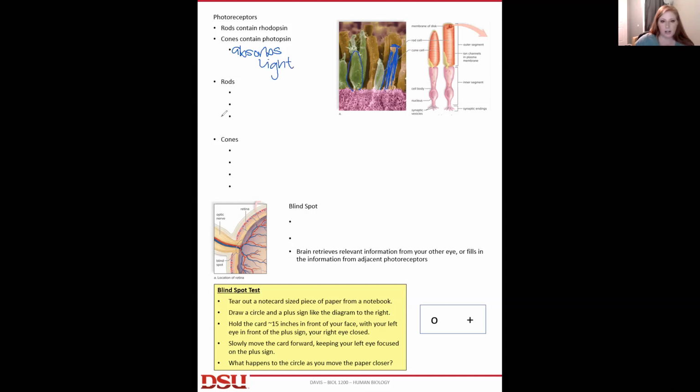So rods and cones each have their own task, if you will, and their strengths. Rods are sensitive to white light. They are what we use for night vision.